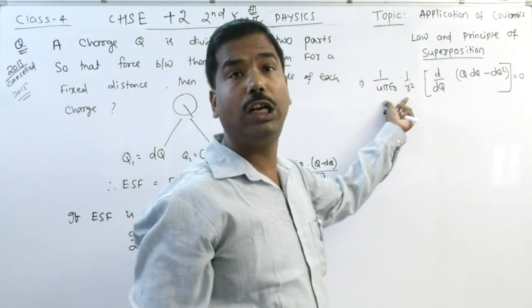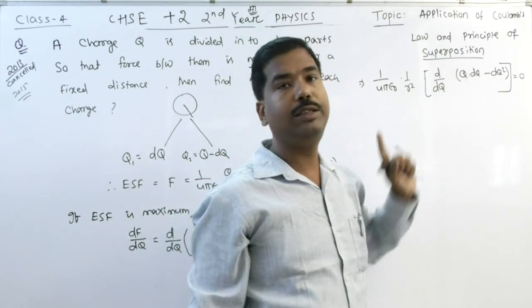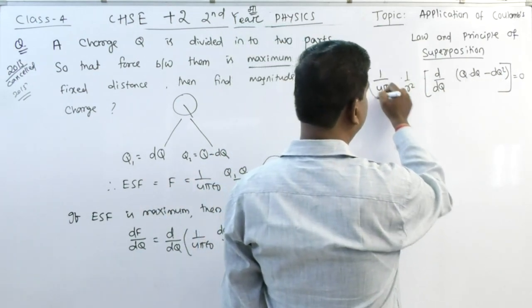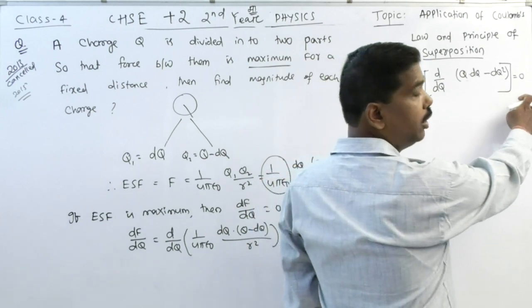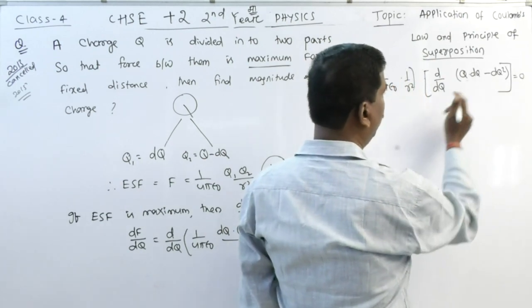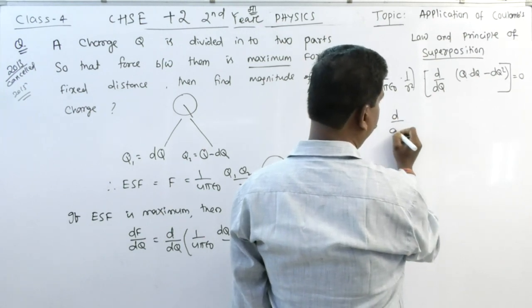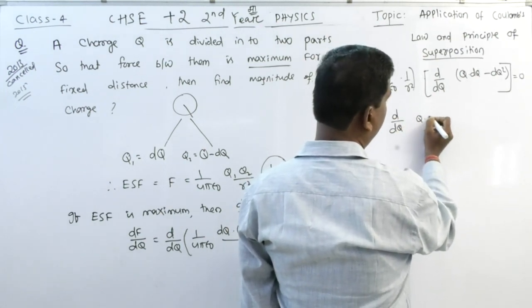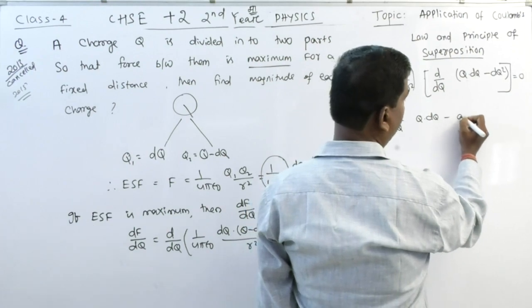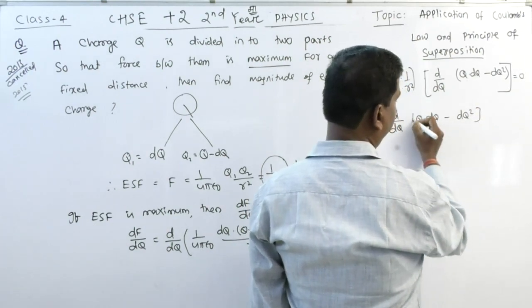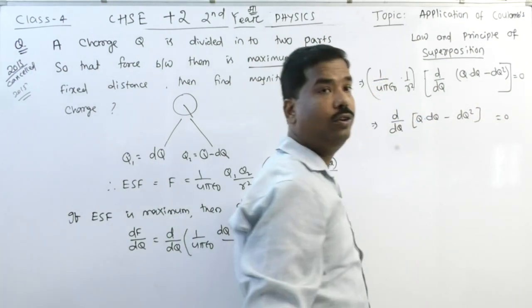Only the variable quantity is mentioned here. If this comes as a denominator, 0 by anything is 0. So d by dq of (q dq minus dq square) is equal to 0.